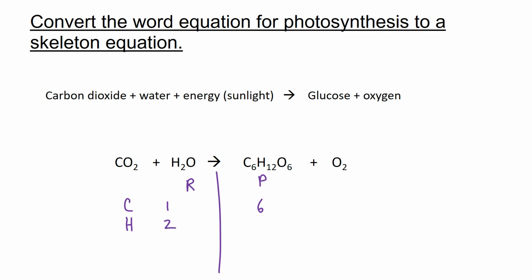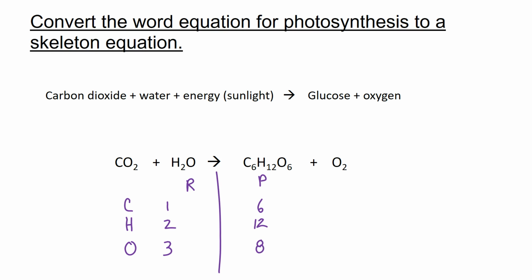How many hydrogens do I have on my product side? 12. All right, so we know that's out of whack. And then oxygen, how many total oxygens do I have on my reactant side? 3. Notice I have them in 2 different places, though. And same thing over here. I have them in 2 different places, but how many total oxygens do I have over here? 8.